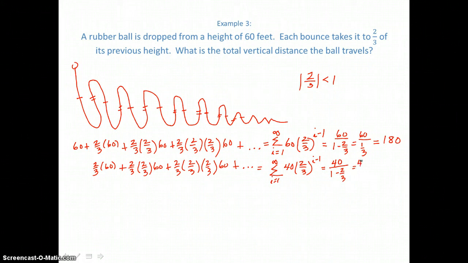So it's 40 over 1/3. And inverting and multiplying, we have 40 times 3, which is 120. So altogether, this ball travels a vertical distance of 180 plus 120, or 300 feet.